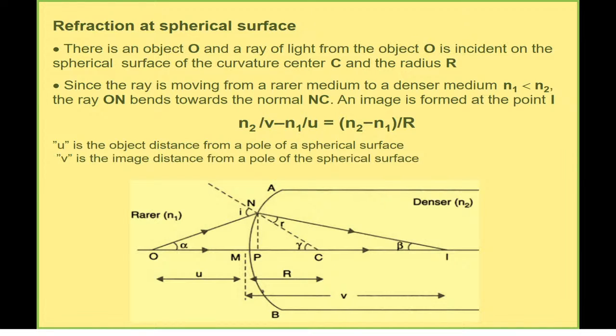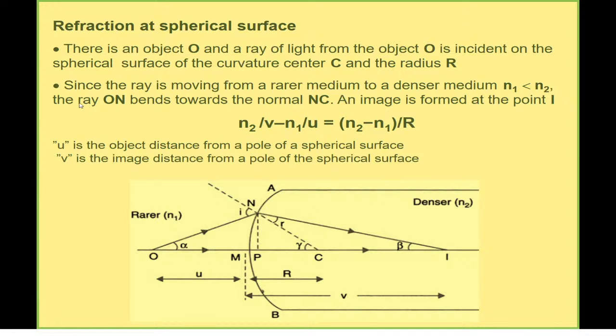So, there is an object O, and a ray of light from the object O is incident on the spherical surface of the curvature center C and radius R. Since the ray is moving from a rarer medium to a denser medium, a lens for example, this is shown, and there is no need to say any word about this difference between the media.